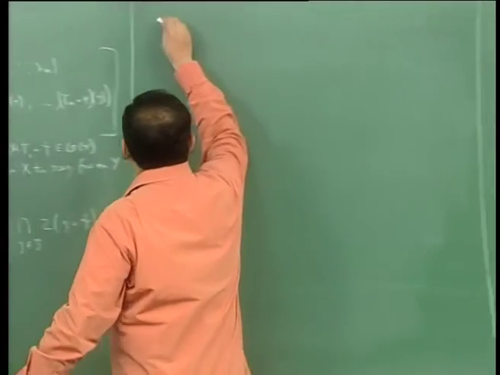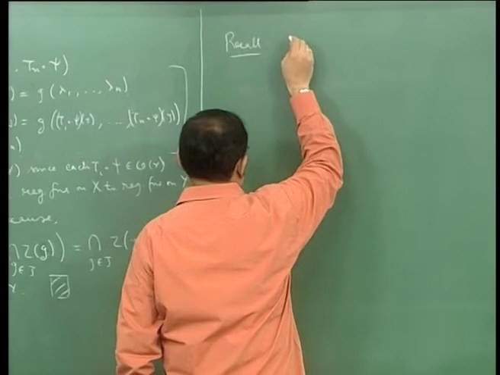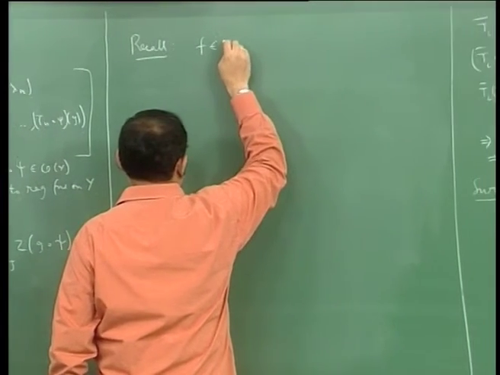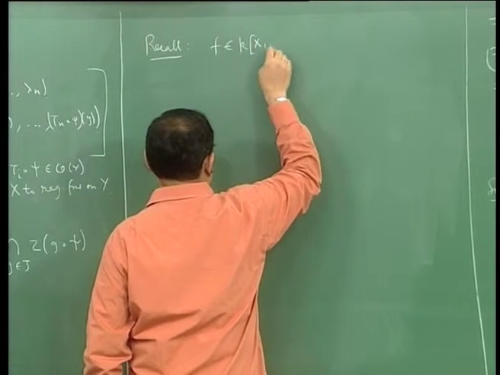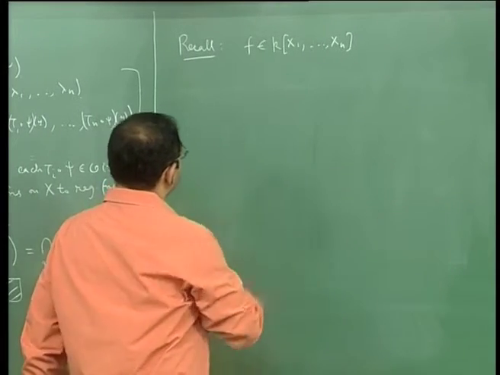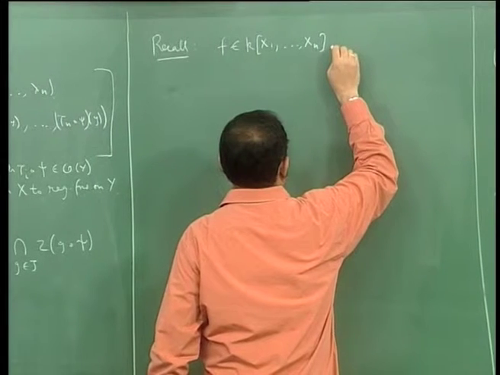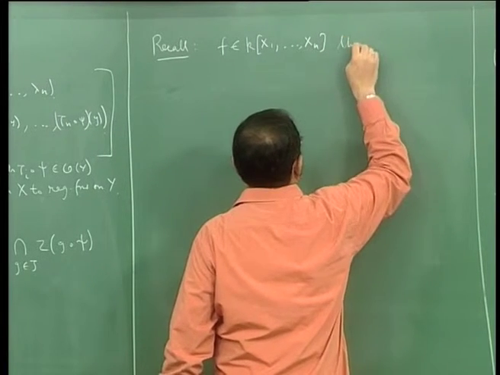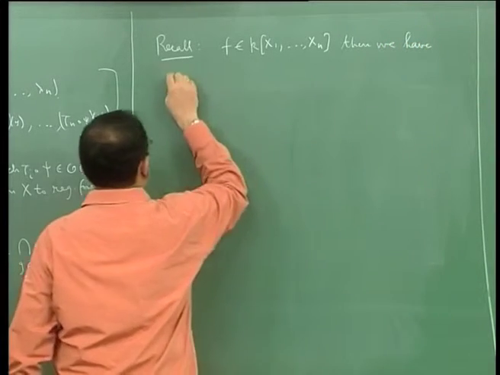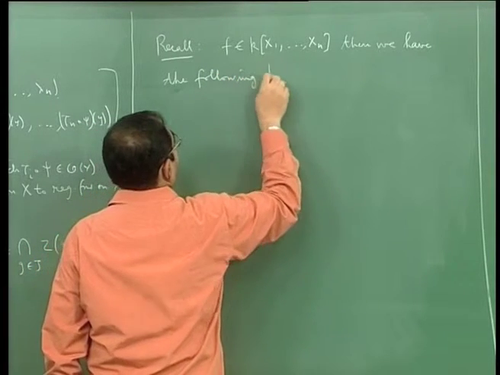So if you recall that if you have f in the polynomial ring k[x1 through xn], then we have the following bijection.